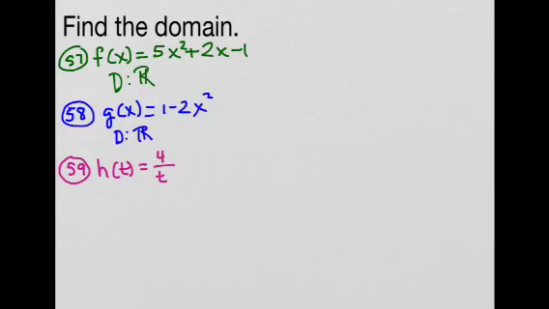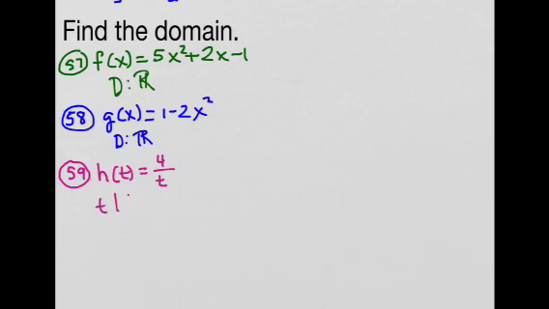59 is a rational function. We have t in the denominator, so we know that this function, the value for t could be any number except for 0. Because if t equals 0, t cannot equal 0. Because if t were 0, then this function would be undefined.